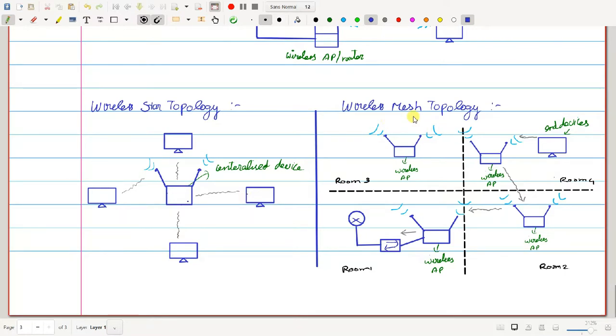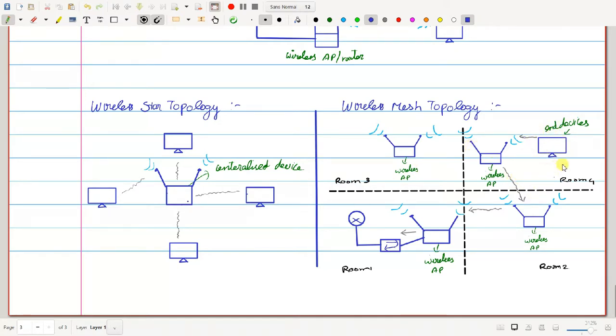Then we go to wireless mesh topology. To understand the wireless mesh topology, let us consider an example. Consider an organization which has 4 departments. The first department has access to the internet, a wireless access point and a switch, and room 2, room 3 and room 4 have a wireless access point each.